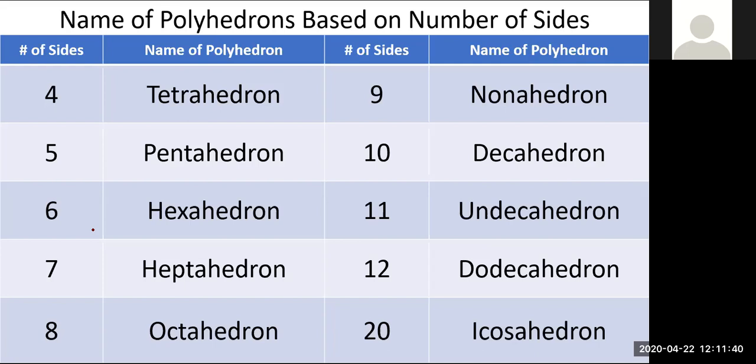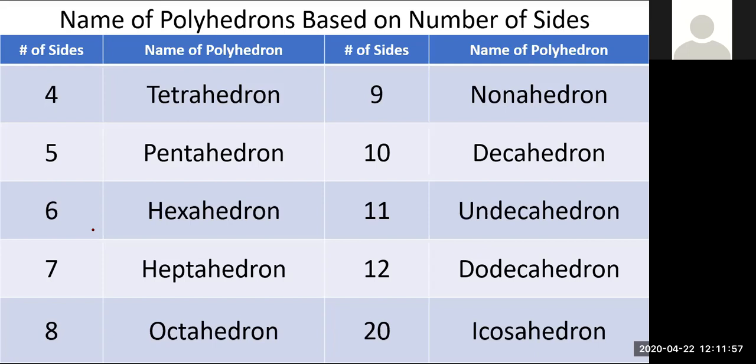Now, for our polyhedrons, same type of thing. Four sides, different prefix than what we had used before, because before we used quadra for four. Now it's tetra. So again, tetra means four.